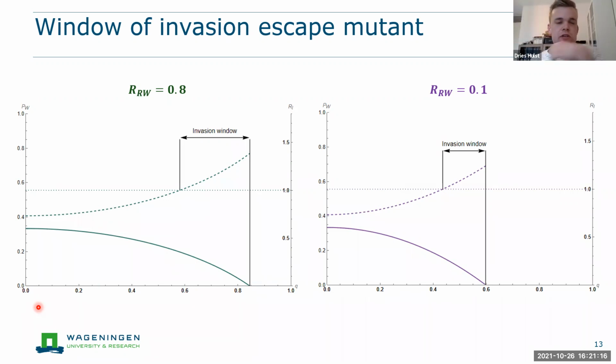And what you see then is that not only is less resistance required to eradicate the pathogen, but the invasion window is also smaller. So that means there is a smaller range in which there is a risk of escape mutant invasion.